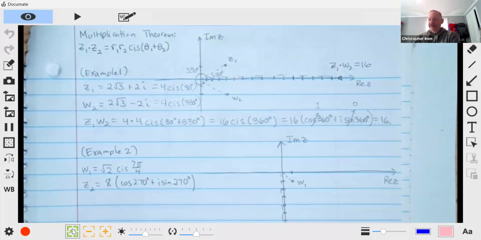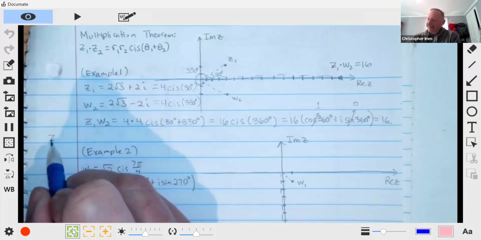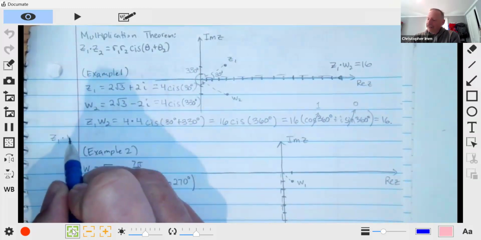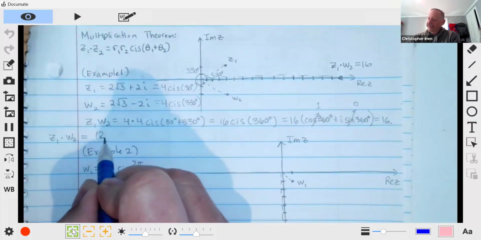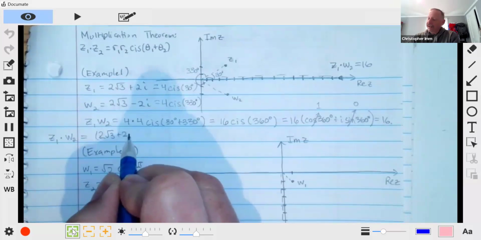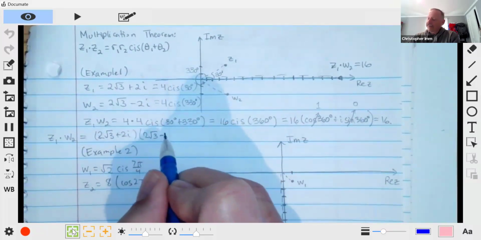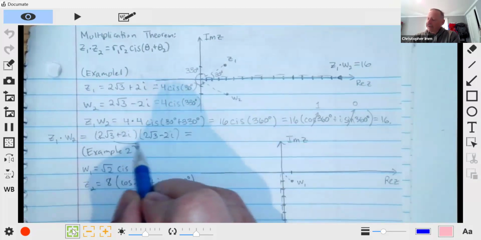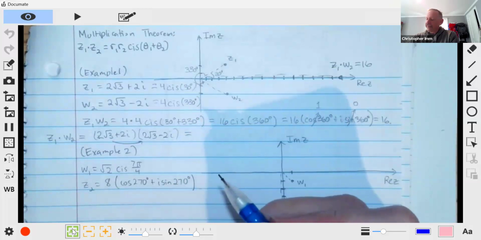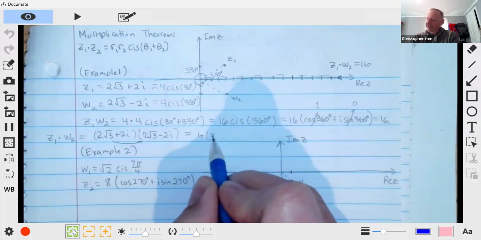Now, another way we could do this is by the standard way, so not converting them. So I have, if I do it that way, 2 root 3 plus 2i times 2 root 3 minus 2i. I can distribute through, so 2 root 3 times 2 root 3 is 4 times root 3 times root 3, which is 3.